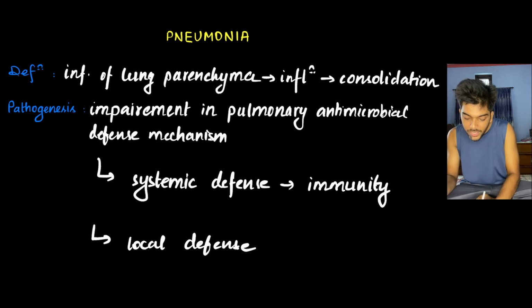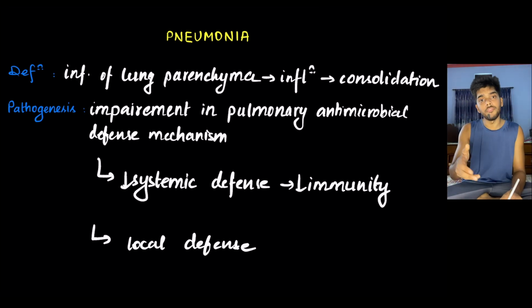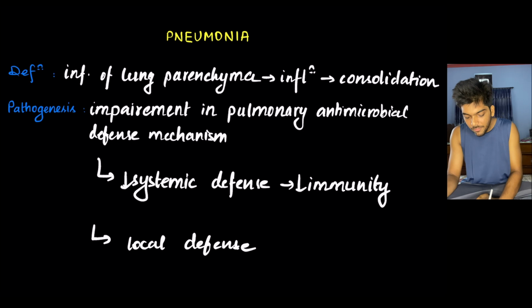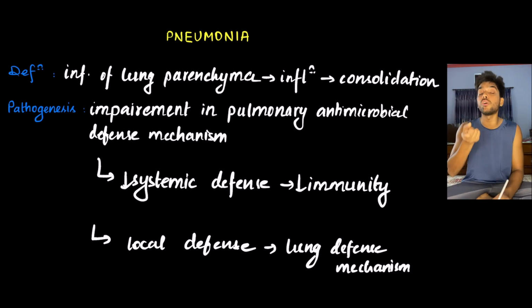So if your immunity is impaired or the systemic defense is impaired, obviously the infection wins. Local defense includes lung defense mechanism. Now this is more specific to your respiratory system. All the defense mechanisms that your respiratory system follows to fight against infection, that's lung defense mechanism.